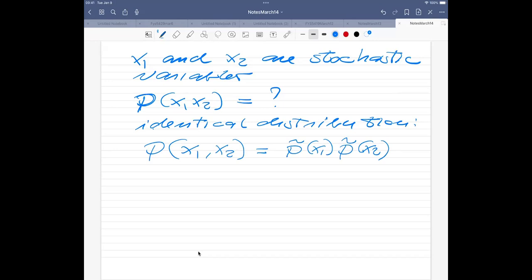If they are not independent and identically distributed, then we need an expression which looks like this, where we cannot specify it in terms of two probabilities. As an example, this could be a Gaussian distribution or a normal distribution.